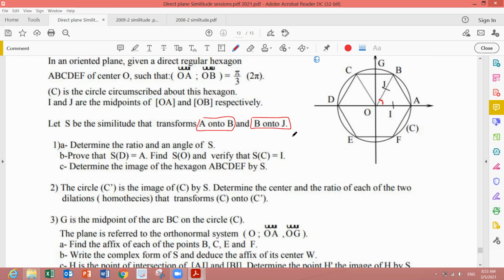Part A, determine the ratio and the angle of S. How to determine the ratio?